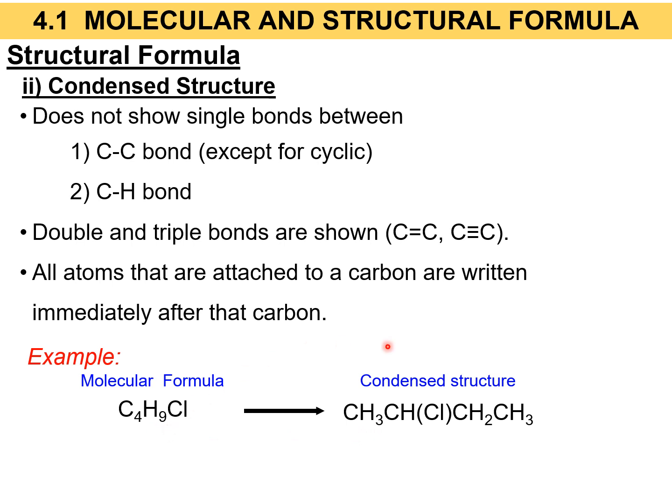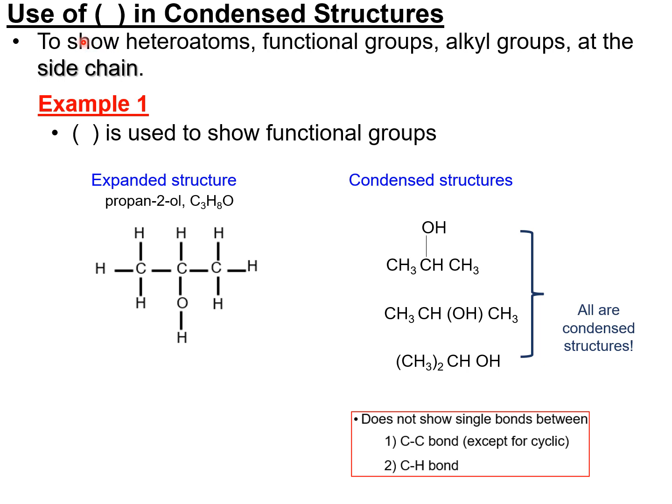Okay, kalau let's say you tak tahu nak lukis macam mana, you lukis dulu dia punya expanded structure then you baru condensekan dia, ya. Okay, previously you ada tengok Cl dekat condensed structure tu dia letak bracket kan. So what is the use of bracket in condensed structures? Is actually to show heteroatoms, functional groups, alkyl groups at the side chain.